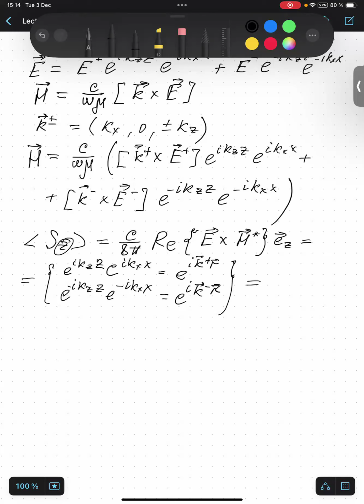So what do we have? We have c e_z over 8 pi, real part, let's substitute it.